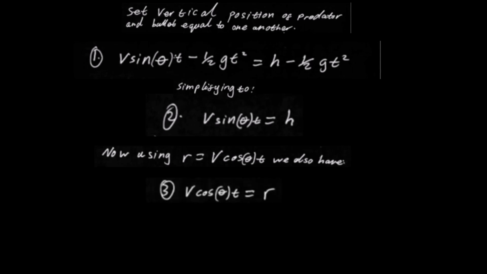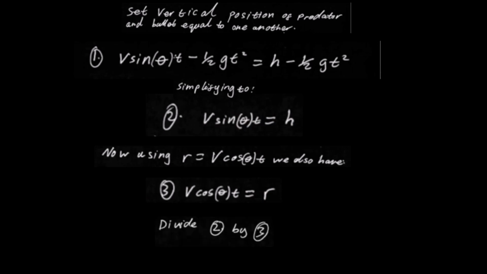So v cos theta t equals r. Now we have two equations. We have the height, our equation in the y direction, and our equation in the x direction. Now, in order to find the final position here, we can look at these as proportions. How far did the bullet essentially drop and the predator drop here, and how far did the bullet travel in the x direction?